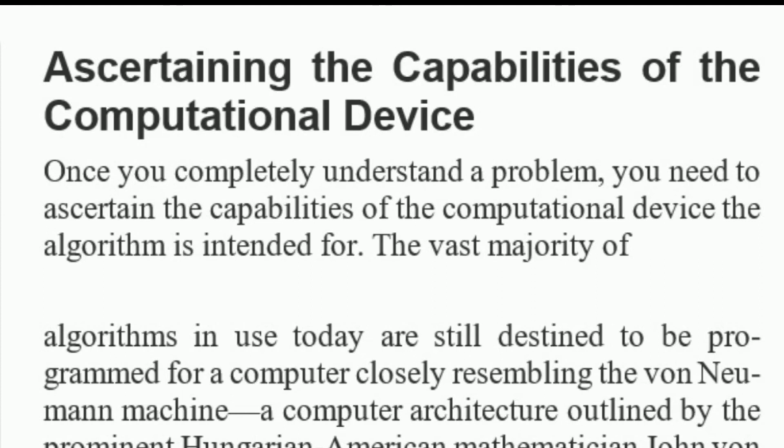And the second concept is ascertaining the capabilities of the computational device. That is, discovering the capabilities of the computational device. Once you completely understand a problem, you need to ascertain, that means discover, the capabilities of the computational device the algorithm is intended for.